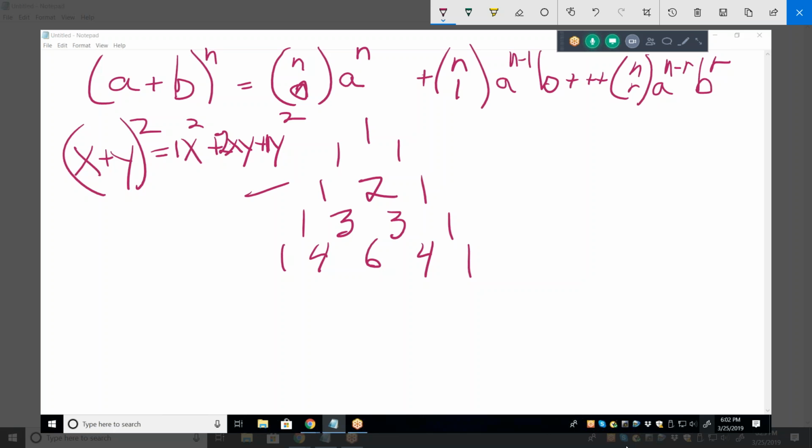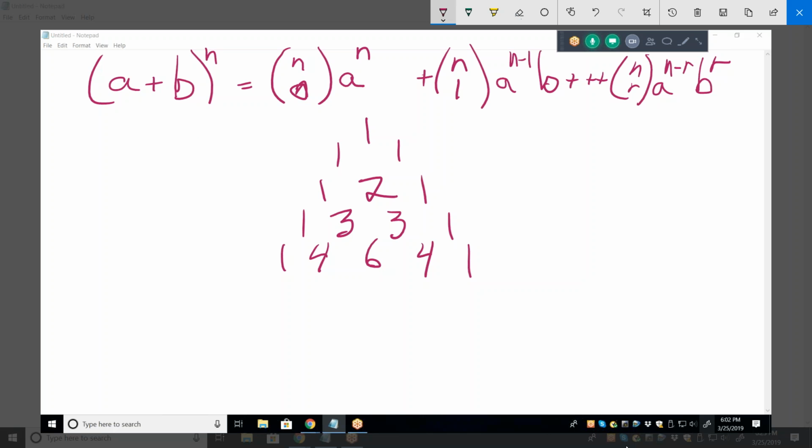Go ahead and give me your problem. Okay, (x squared plus y) raised to the 7th. Using Pascal's triangle? Yes. Okay, I've got 5 rows on there. I need 6, 7, 8.